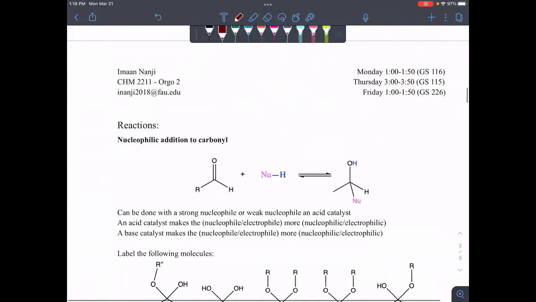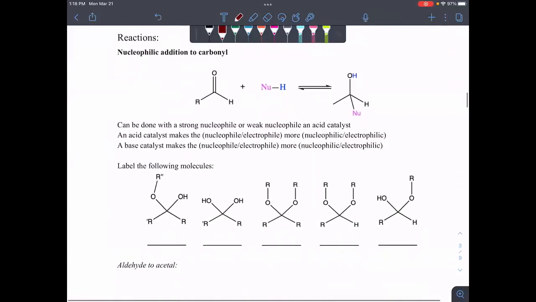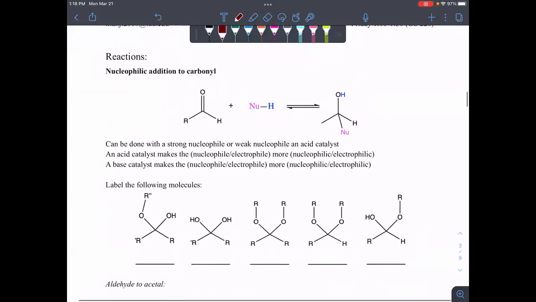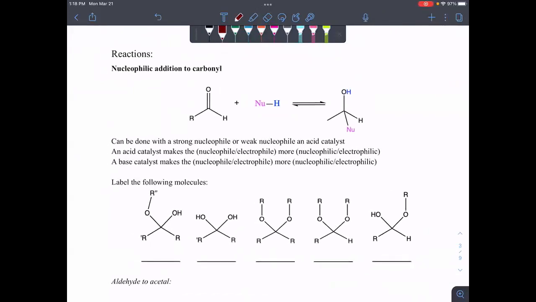Okay, cool. So now we've made aldehydes and ketones, and now we're going to add stuff to them. So this is the basic idea of any nucleophilic addition onto a carbonyl. You just have your carbonyl, you have a nucleophile, and the nucleophile gets added and turns it into an alcohol. And you can make the reaction more favorable using an acid or base.